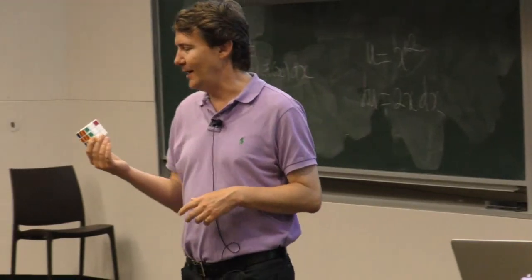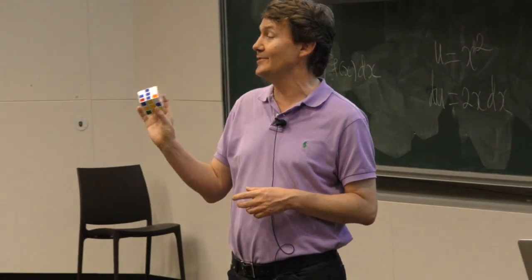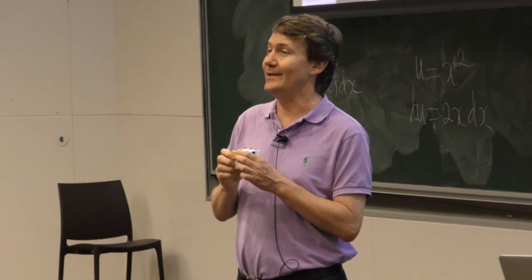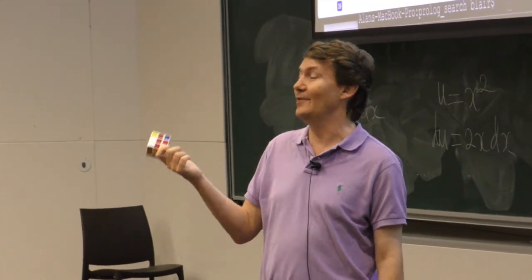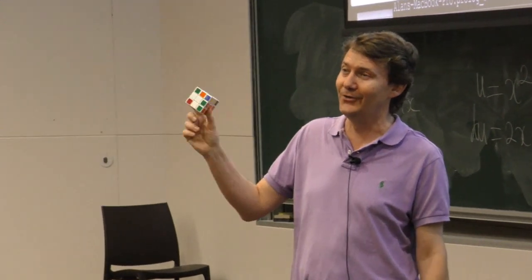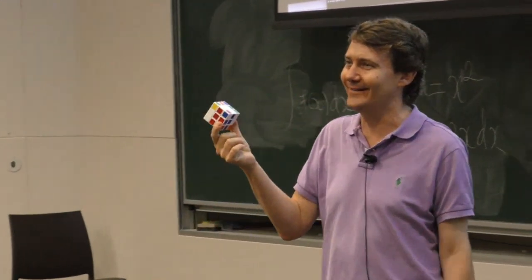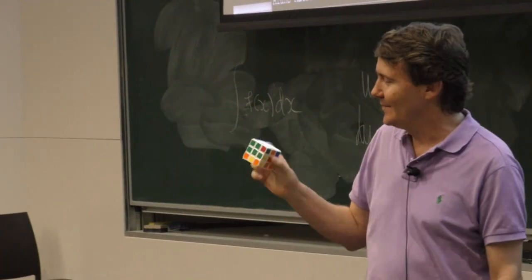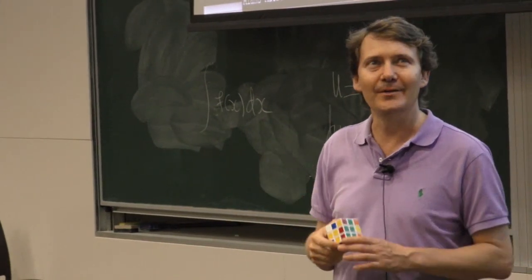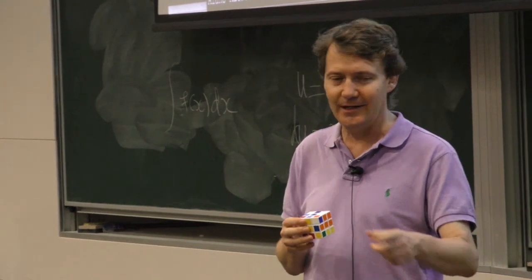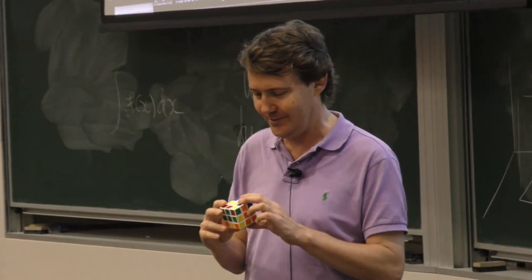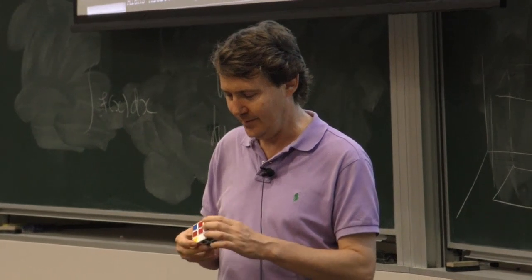If I gave you a particular cube and asked you to estimate from this position roughly how many moves am I away from the goal state, that's not easy, is it? So this is what we're going to be talking about in the second hour. First we'll talk about the 8 puzzle, and then at the end we'll talk about Rubik's Cube.